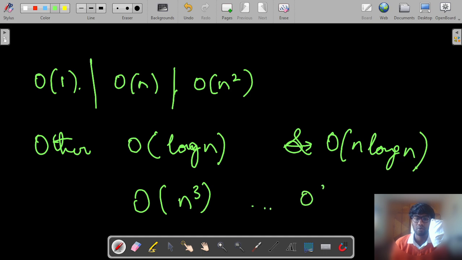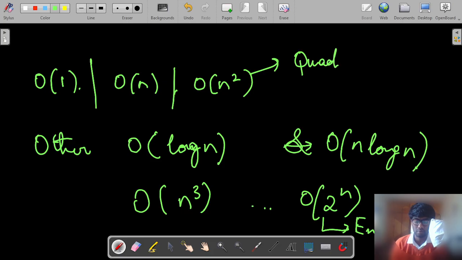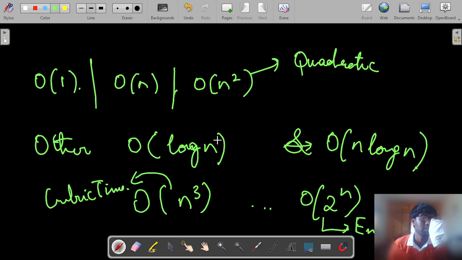And so on. And O of 2 power n also is something that we quite often see. This is quadratic time, this is cubic time, and this is exponential time. No need to remember all these, right? Just the theoretical stuff that I'm putting out there just for us to recollect.